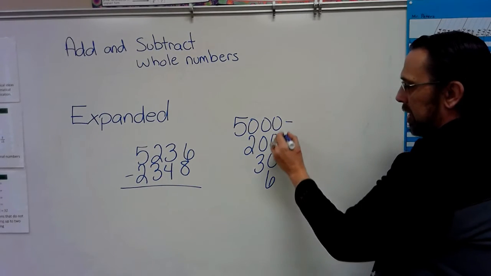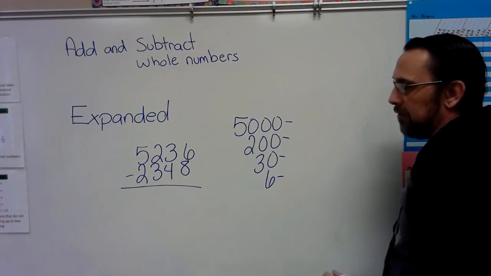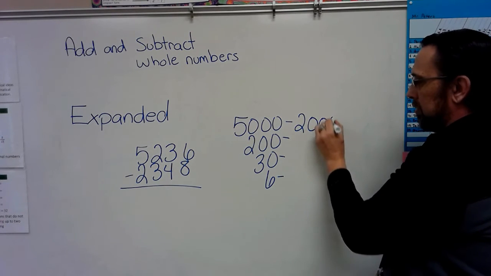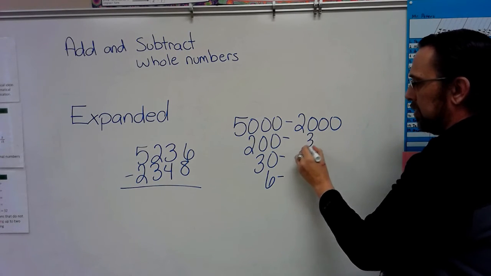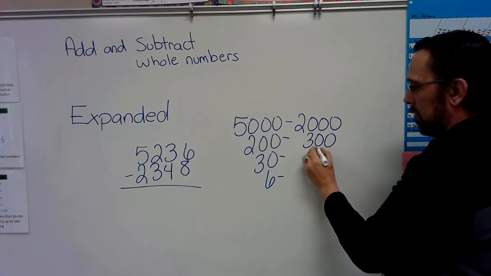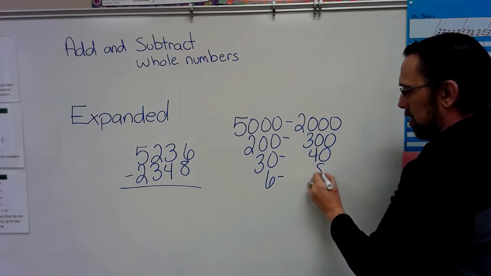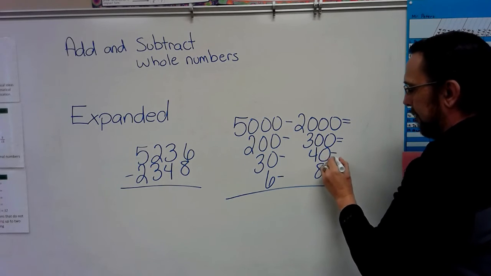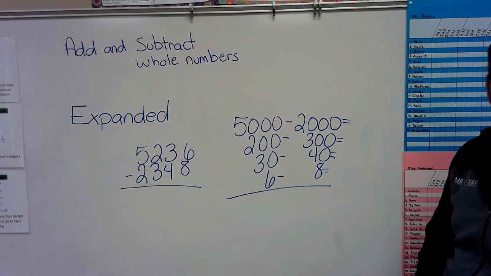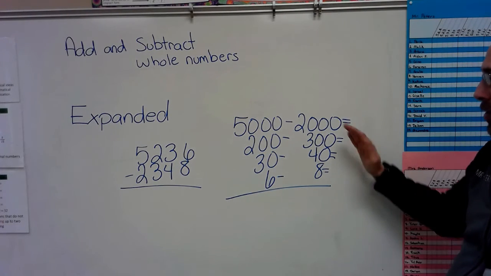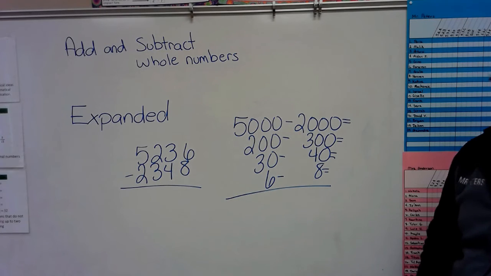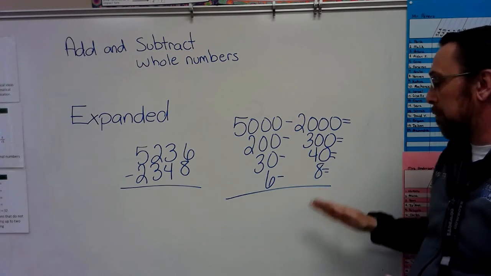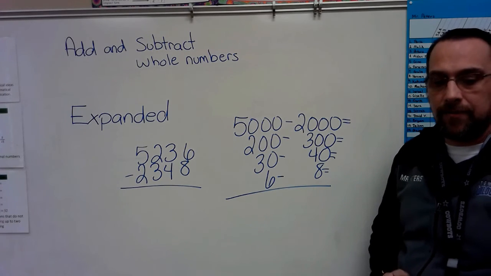And I am going to subtract that from the second number, which is 2,348. I want you to notice once again, just like with addition, I kept the place values lined up so that way I am not losing focus of what place value each number is in.